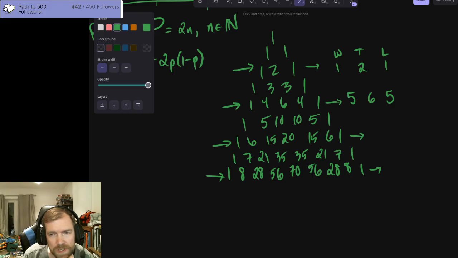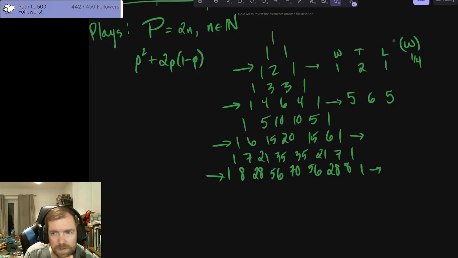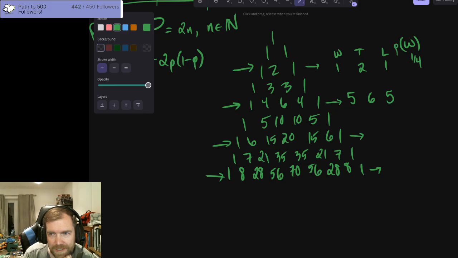So let's see, 2 is going to be a 1 in 4 chance of just straight up winning. Probability of win, oh, lowercase. Probability of win is going to be 1/4. Probability of win down here is going to be 5 out of 16, which is a slight improvement. All right, down here we've got 21, 22, 20, and 22.